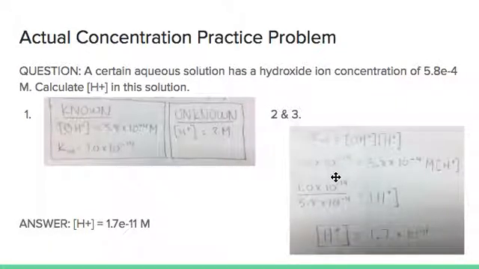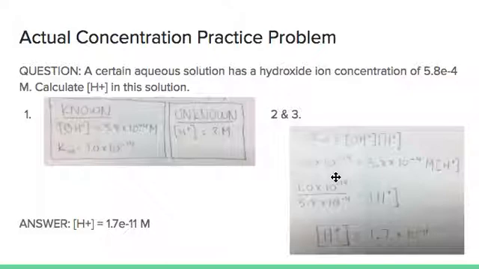So for steps 2 and 3, we set up our equation, so that would just be the Kw equation. So Kw is equal to hydroxide times hydrogen. So we plug in our known values.